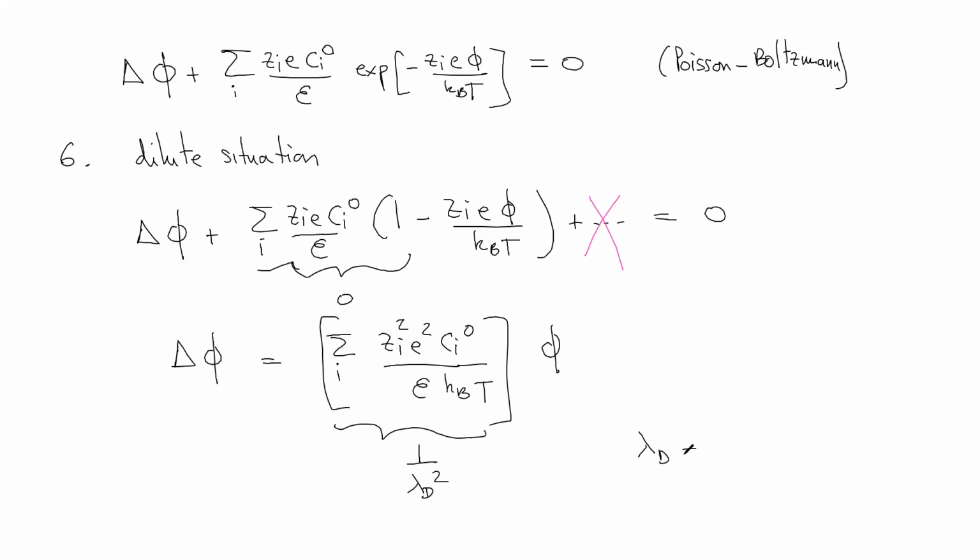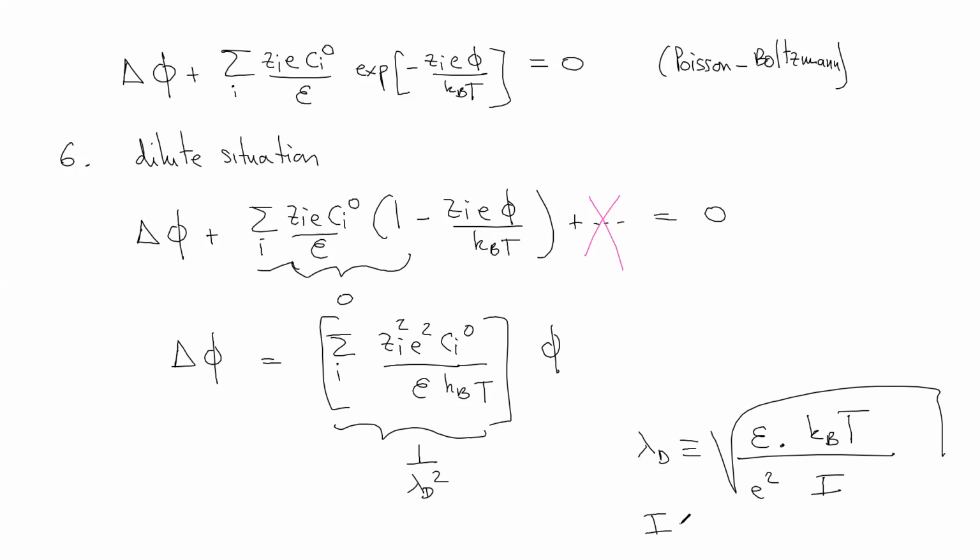Epsilon k_B T, then you have e squared, and then you have something we call the ionic strength, where the ionic strength is simply defined as the sum over i of concentration times the square of the valency. So the larger the concentration of charges, or the larger their charge power due to the valency here, the smaller lambda D. And we will interpret that in a minute, but I'm sure you're all familiar with this, okay?